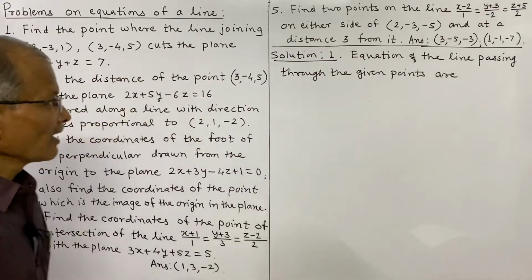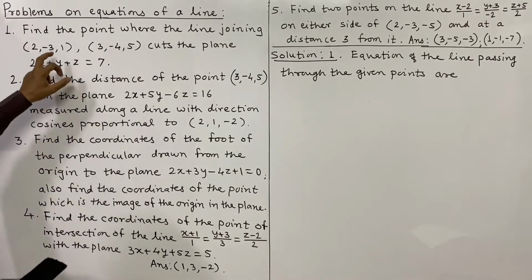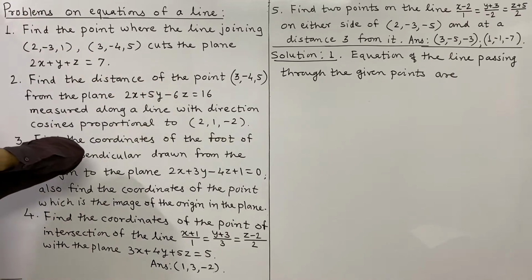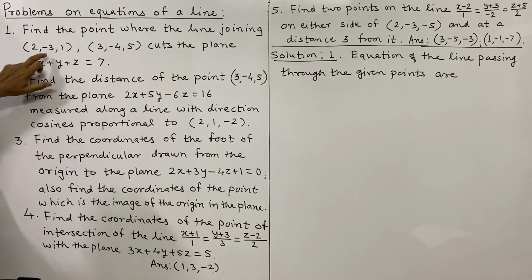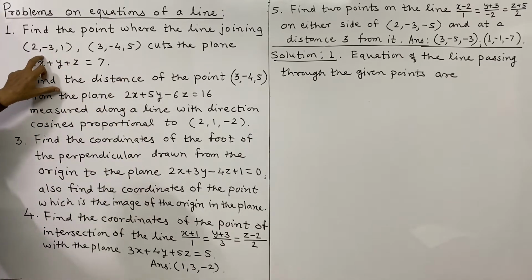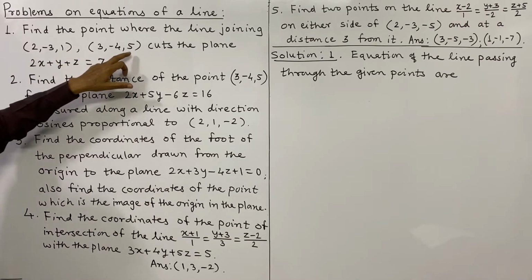Equations are, and how to write the equations using the 2-point form we shall write. Or we may use the earlier symmetrical form of the equation of a line that passes through this point, and in the denominator we have to write the DRs of the line. So the line passes through this point, meaning this is x1 y1 z1 and this is x2 y2 z2.